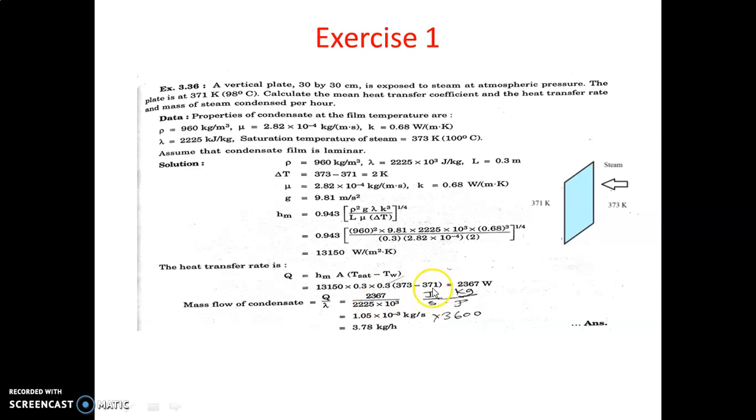The unit of Q is watt, which is nothing but joules per second, and the unit of lambda is joules per kg. So joule gets cancelled, leaving kg per second. But in the problem it is asked that you have to calculate the condensate rate per hour. So just multiply by 3600, and we get 3.78 kg per hour.